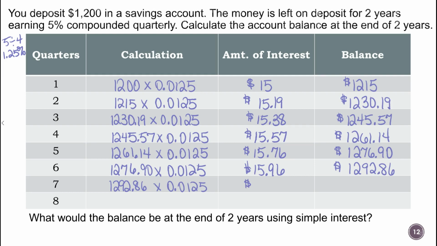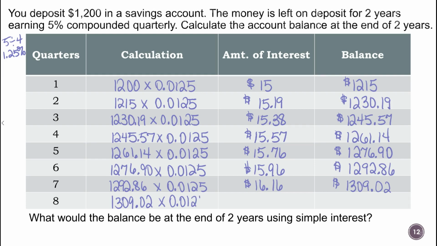We earned interest this time, this quarter, of $16.16, and that's now a balance of $1309.02. One more time, $1309.02 times our periodic rate.